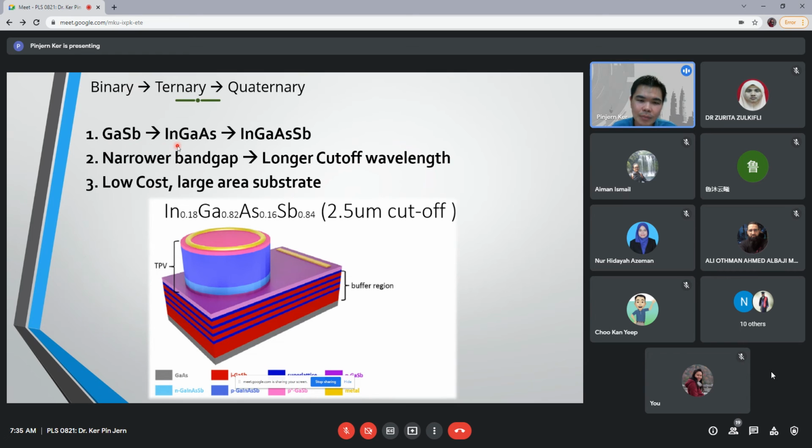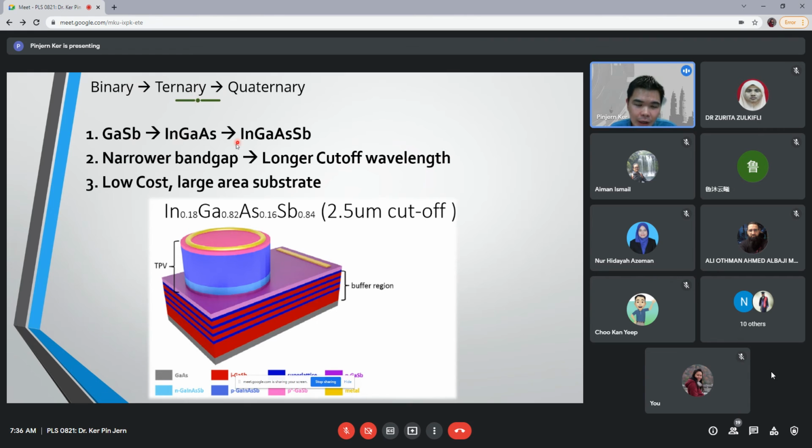But in our previous research work in the last 2 to 3 years, we were looking at a ternary compound, indium gallium arsenide, because we can adjust the band gap from 0.74 eV all the way to about 0.4647 eV so that we can extend the cutoff wavelength.